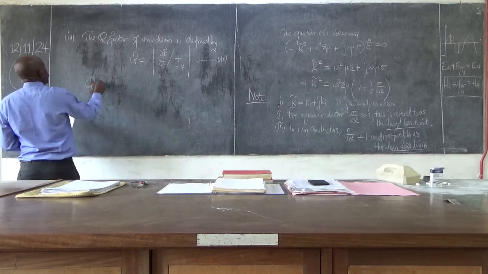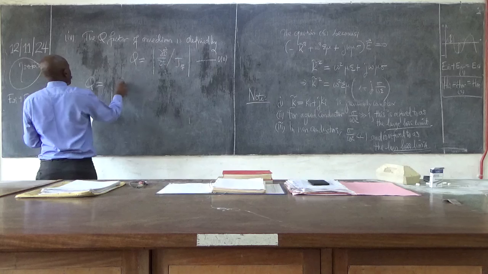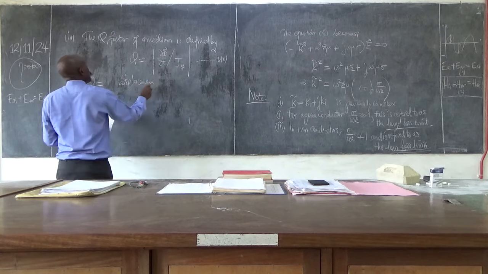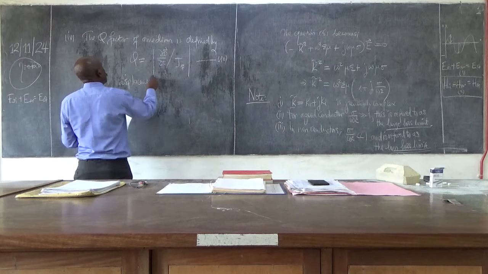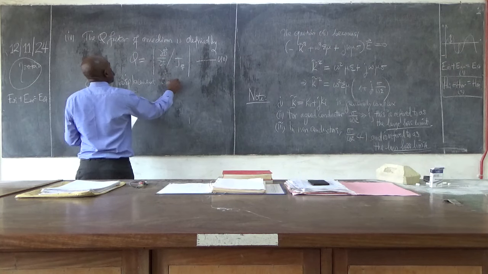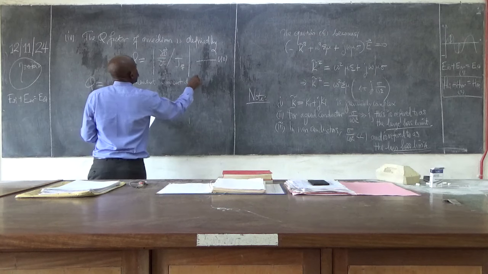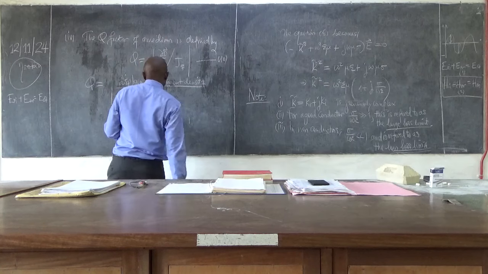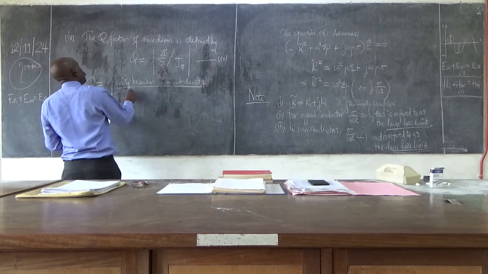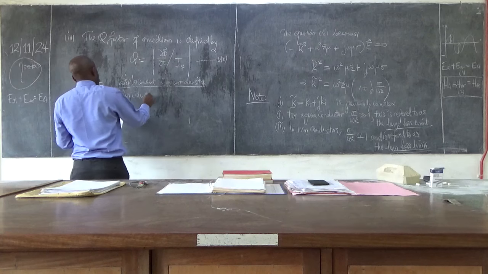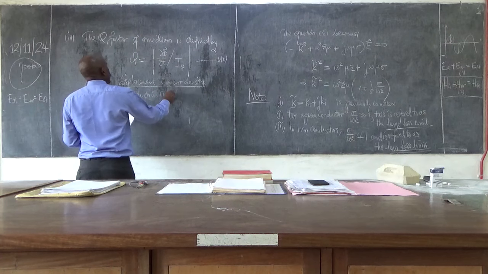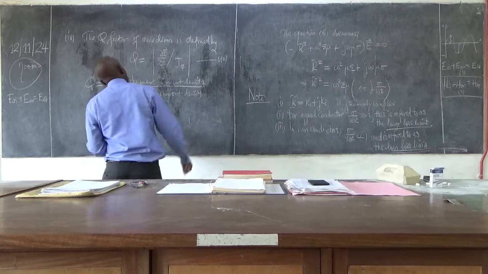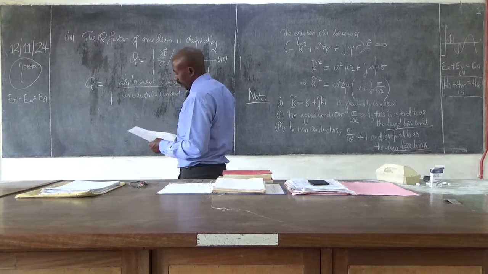And this actually is given by the displacement current density over the conduction current density, J free.